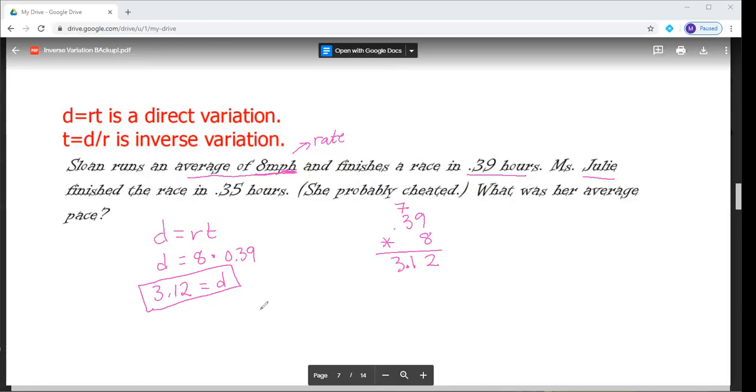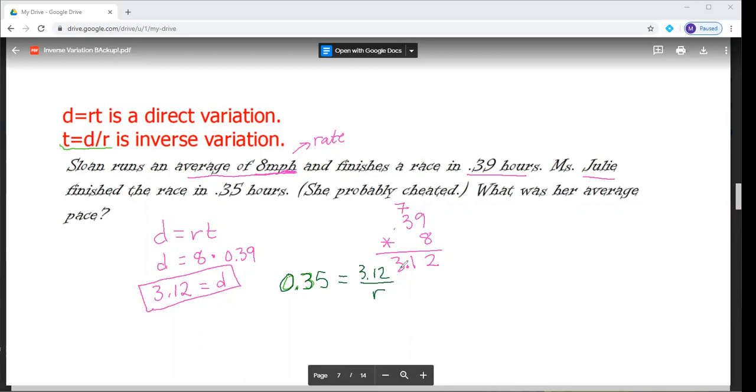So now I'm going to plug my information into an inverse variation. I have time, so I'll put my 0 in front of it, 0.35. 0.35 hours, that's my time, is equal to my distance, which is 3.12, over my rate.